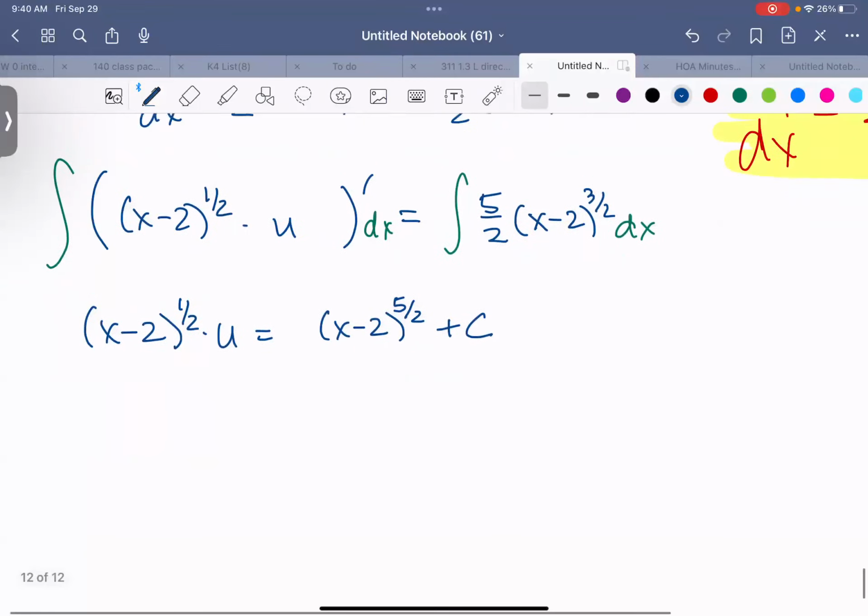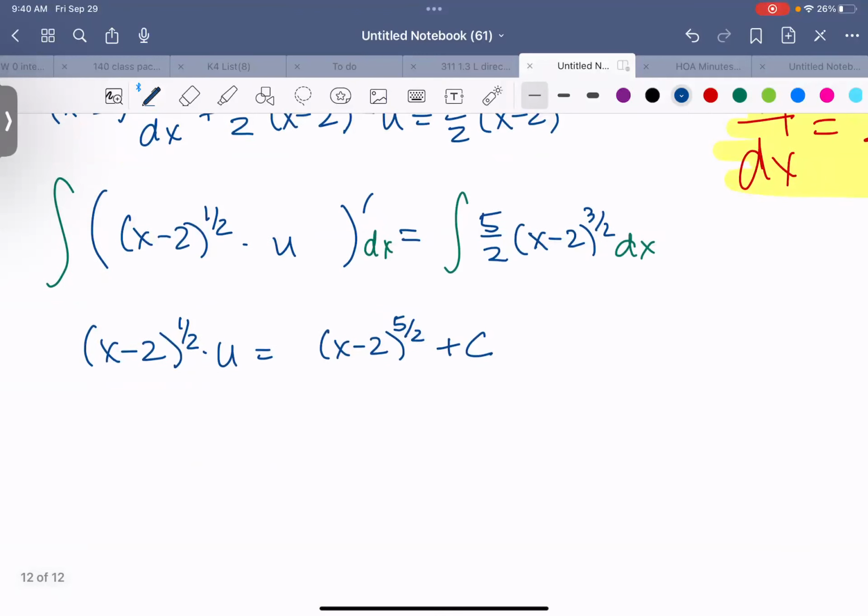To solve for u, I'm just going to multiply through by x minus 2 to the negative 1/2, or think about dividing by that to the 1/2. That'll give me u equals x minus 2, and when you subtract a half from 5/2, that's 4/2, so x minus 2 quantity squared, plus c times x minus 2 to the negative 1/2.